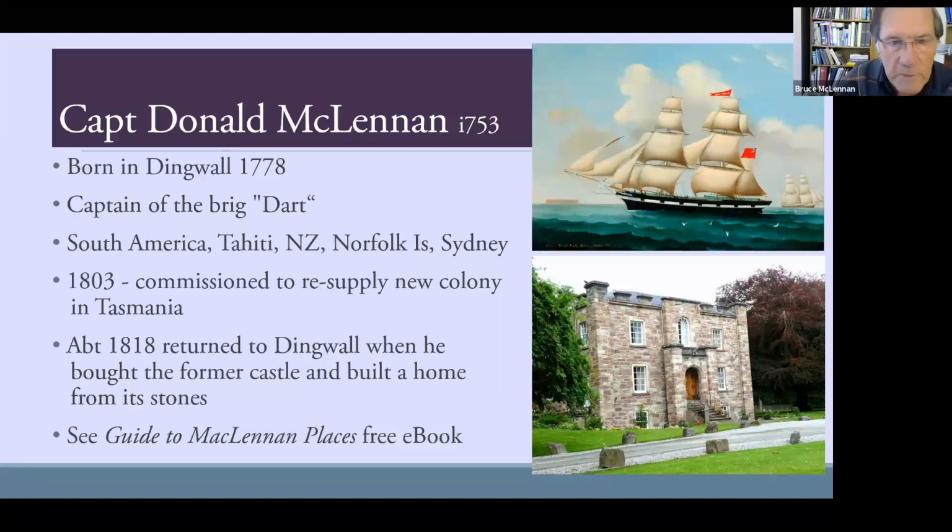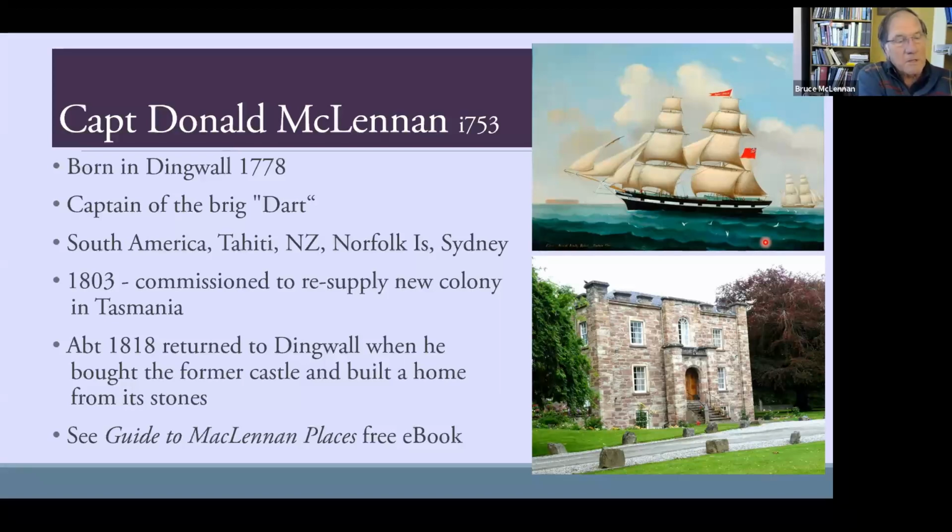This is the sort of ship that he went to Tahiti and brought pigs and turtles and things to Sydney when he came from Tahiti in 1803, and was commissioned, because a couple of the government ships had sunk or something. They commissioned him to be the commander of the fleet, the fleet of 2 vessels, I might add, to resupply the brand new, weeks old settlement of Hobart.